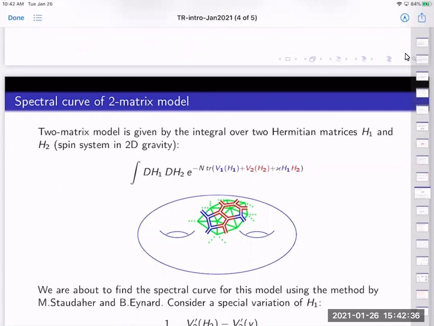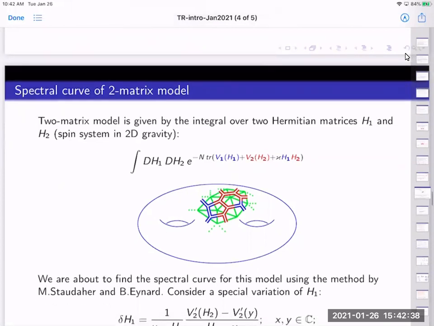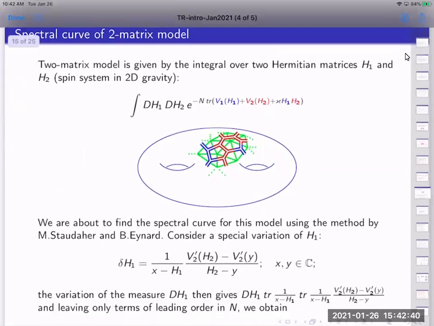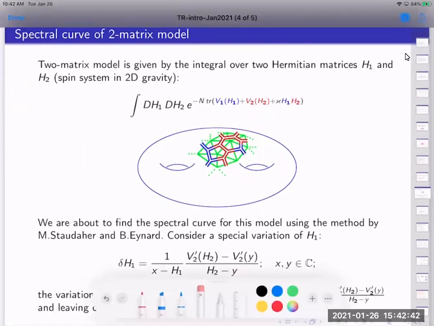Basically it describes the following structure. The original matrix model was describing the triangulation of a surface. Now imagine that we have triangles of two sorts, of two colors, like blue and red, and they are distributed somehow randomly.